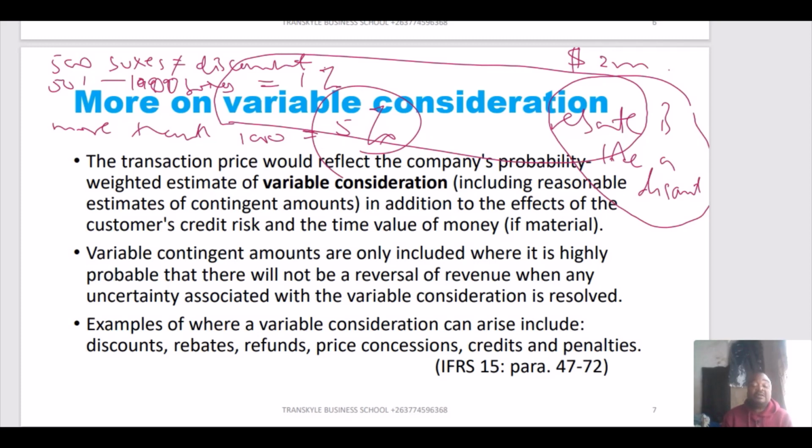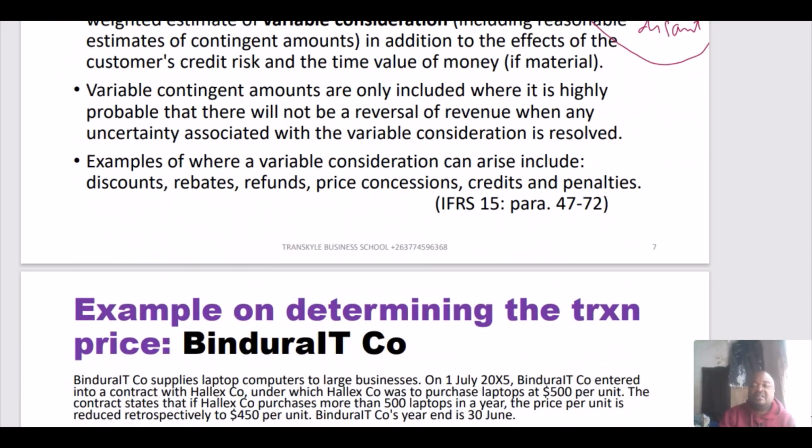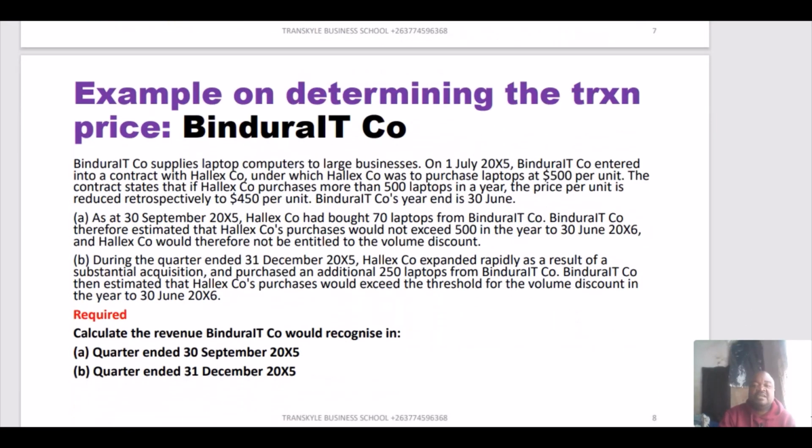Why? Because there is a possibility or probability that this customer might satisfy the requirement for the rebate, and by the end of the day, we need to adjust our consideration. I think we need to look into this particular example and see if we can illustrate this point home.